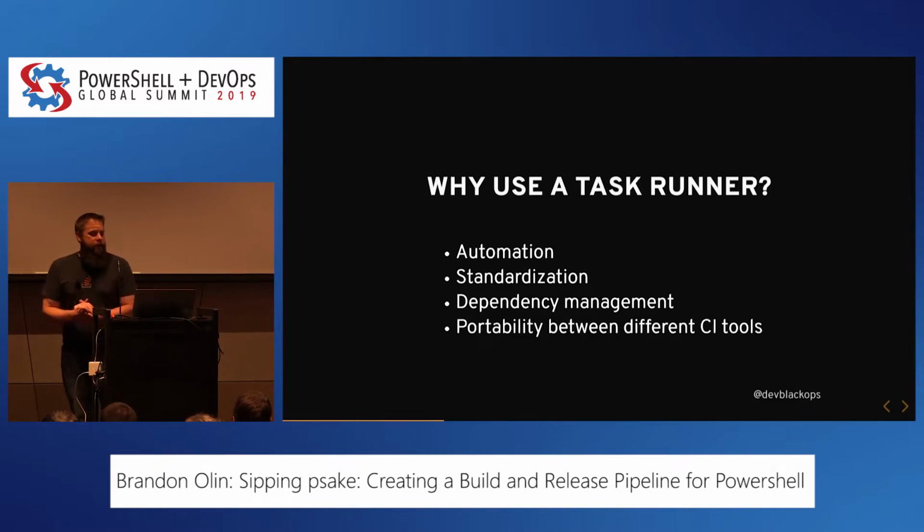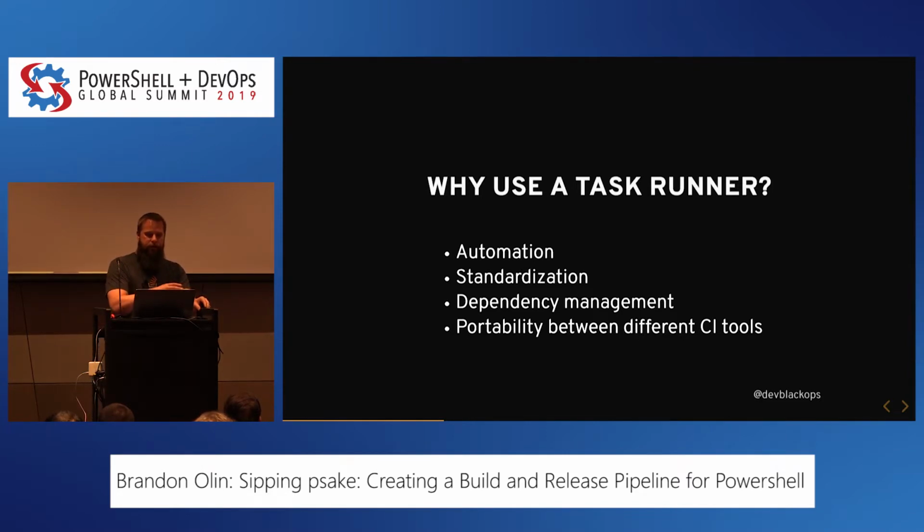One big thing is that they also allow portability between different CI tools. So if I'm running a build process for a PowerShell module in things like Azure Pipelines, I could use the built-in tasks in Azure Pipelines, but I'm also tying myself to Azure Pipelines. And that may be something you're okay with, maybe you're not okay with that.